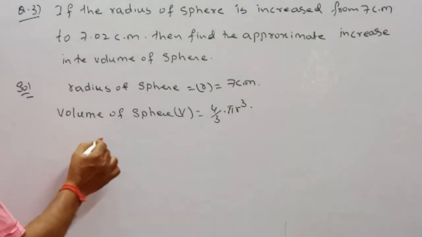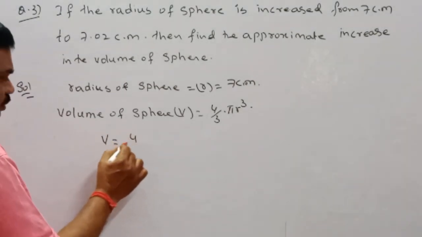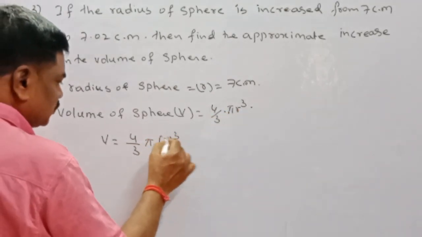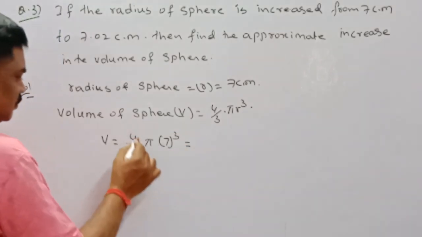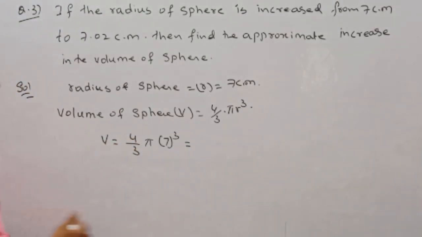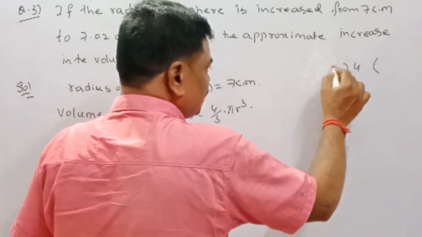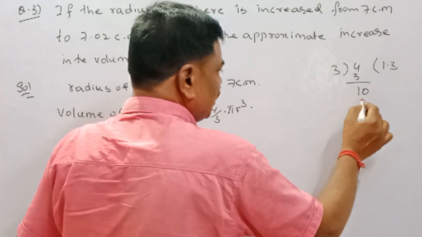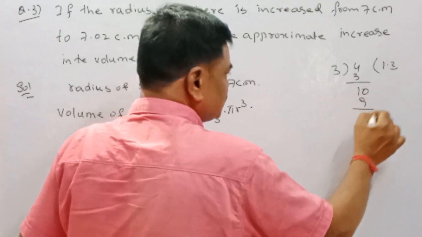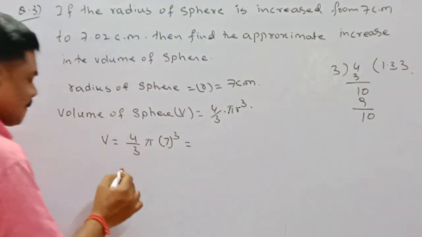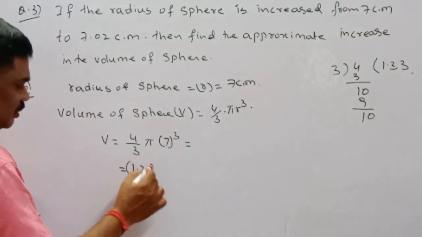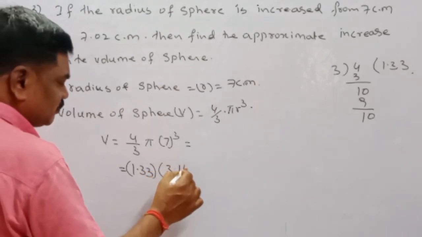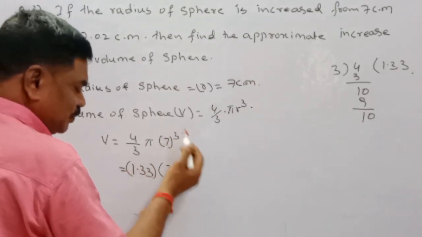So what is the first volume? V is equal to 4 by 3 pi into r cube, 7 cube. What is 4 by 3? 4 by 3 is 1.33. 1.33 into pi value, that is 3.14, into 7 cube.